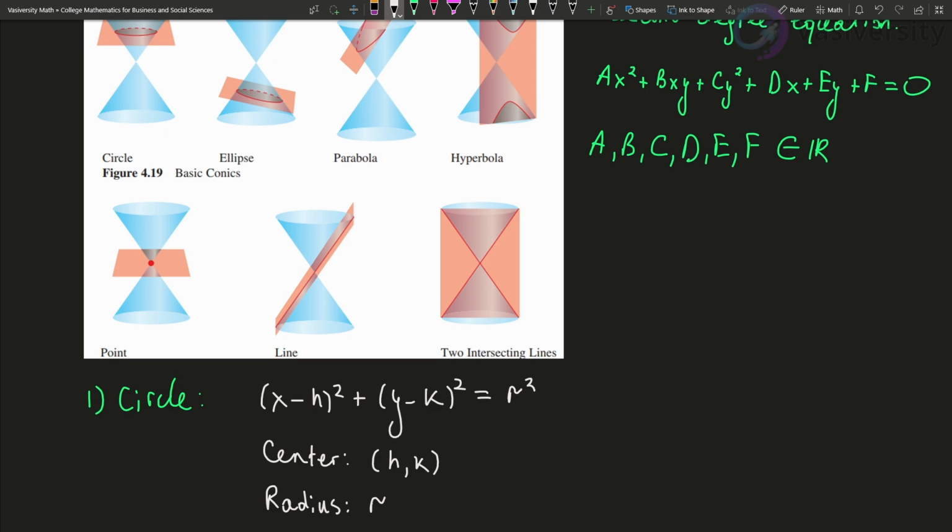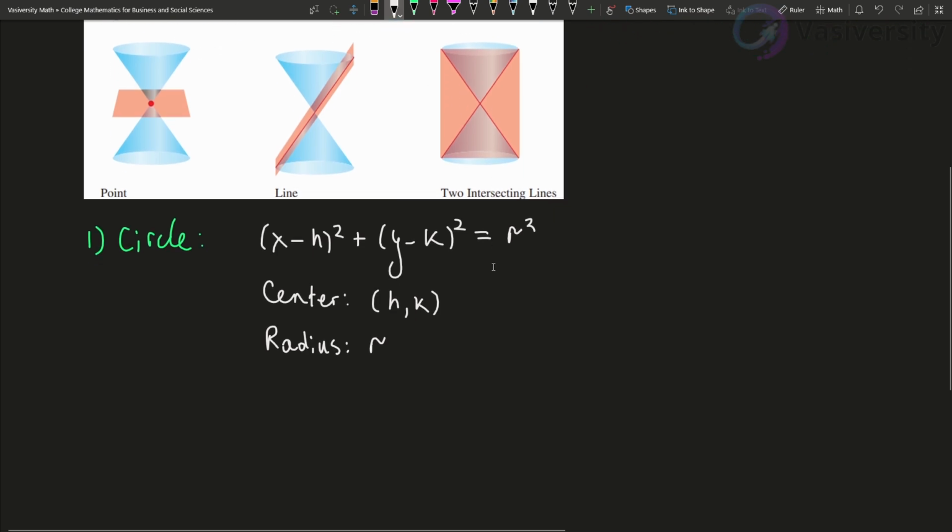So let's go ahead and move on directly to the ellipse, right? So what is the difference between a circle and an ellipse? And here is going to be the main difference. So let's keep in mind that another way we can represent the formula for the circle is a circle with a unit radius.